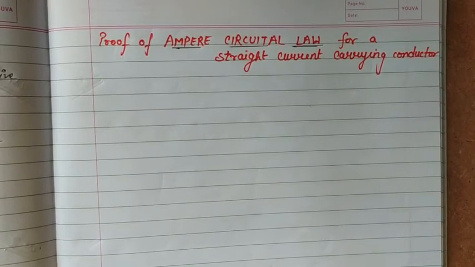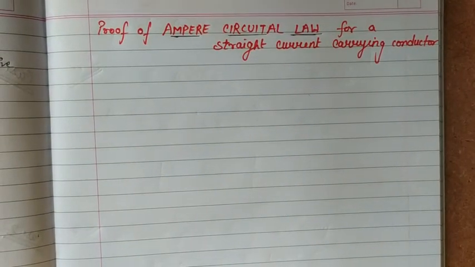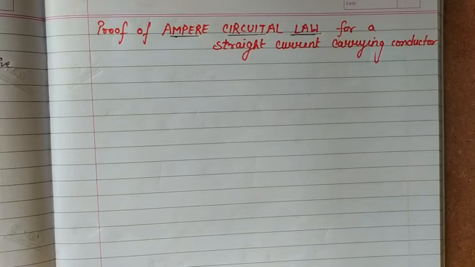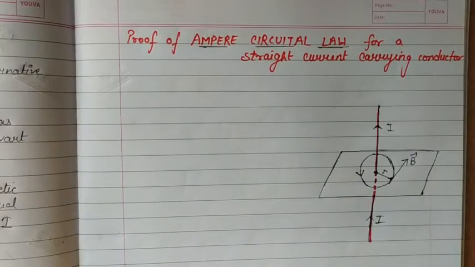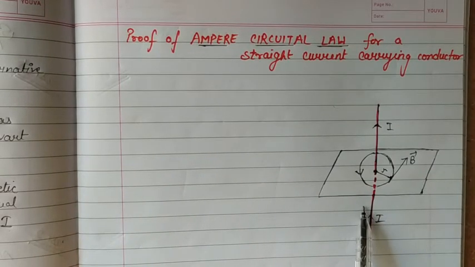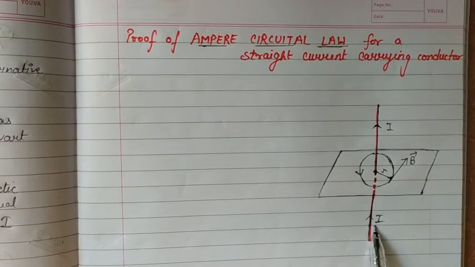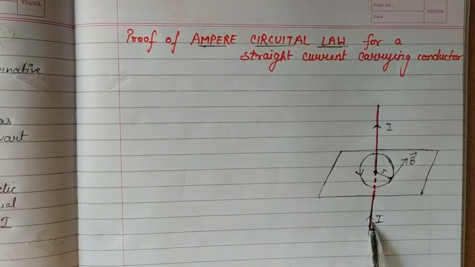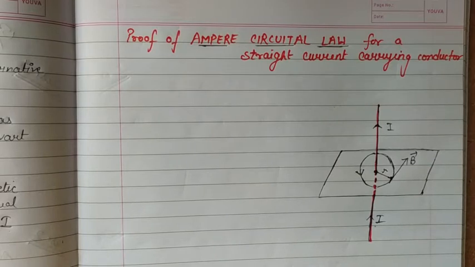According to the diagram, we have an infinitely long straight current carrying conductor with capital I current flowing through it, and we want to find the magnetic field capital B at a point at distance r from this wire.